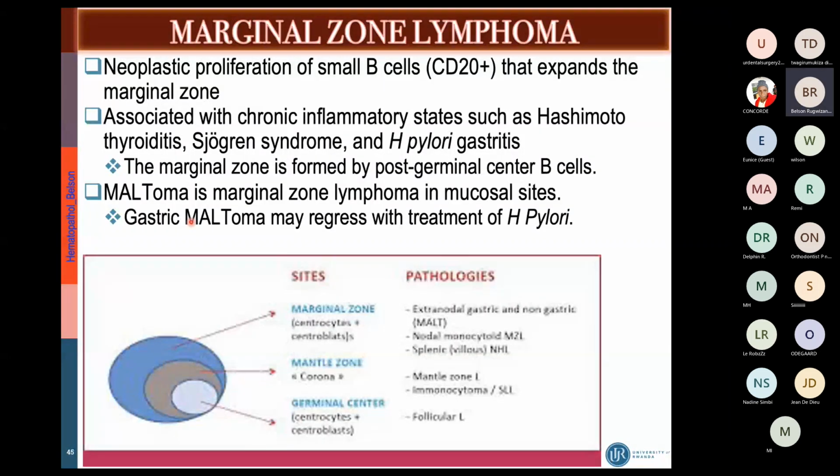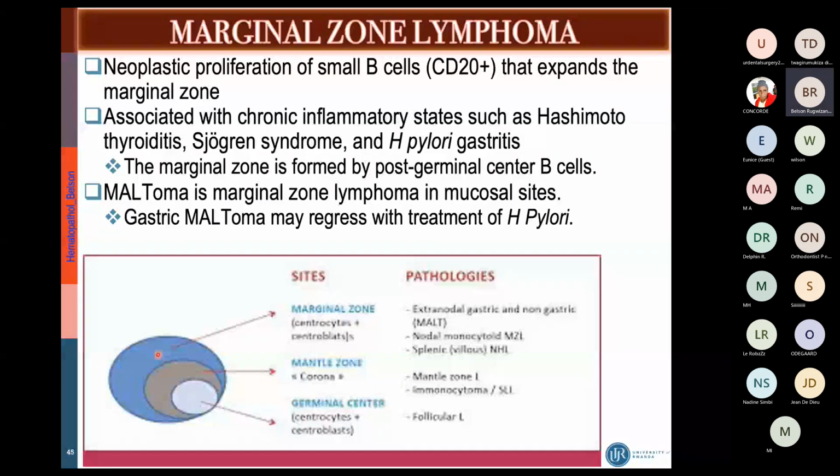So, marginal zone lymphoma again. After the mantle zone, we have marginal zone lymphoma arising from the cells of the marginal zone. These are small B cells. It tends to appear in sites of chronic inflammation. For example, thyroiditis: people with Hashimoto thyroiditis have lymphocytic inflammation in the thyroid, and if untreated they have a risk of developing lymphoma, a kind of marginal zone lymphoma.